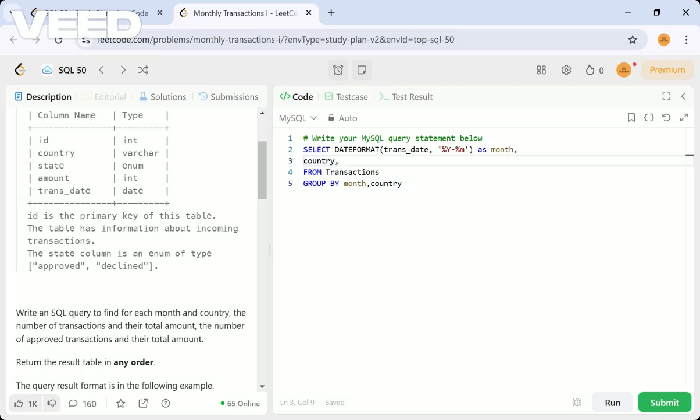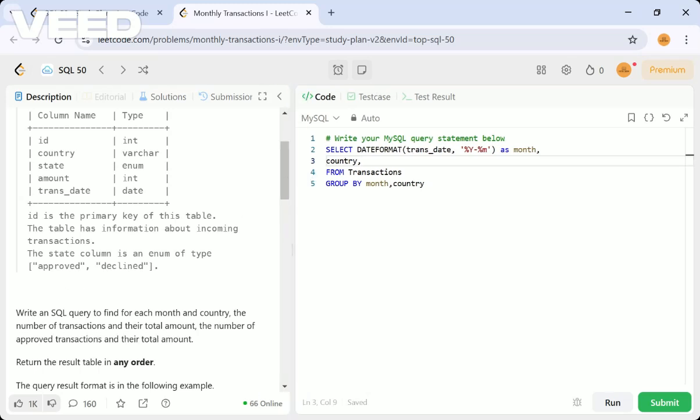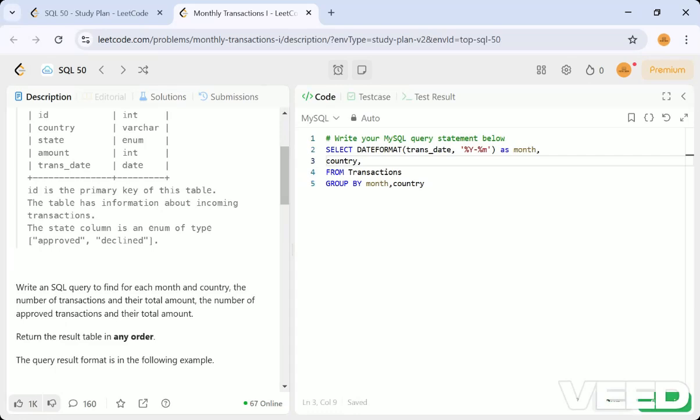And what is the next thing they will be asking us? Let's see the example, you will understand: the number of transactions and the total amount, right? The number of transactions means a combination of these two, right? So if you calculate how many states there are, irrespective of the approved amount, we'll be getting the transaction count, right?